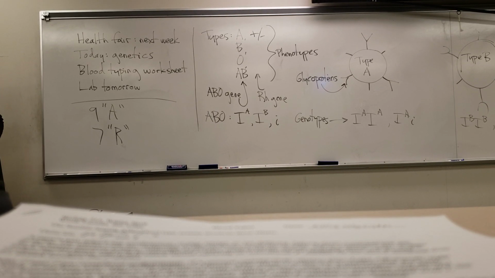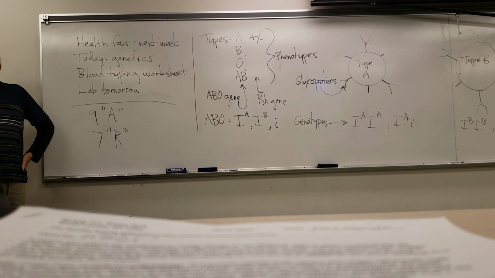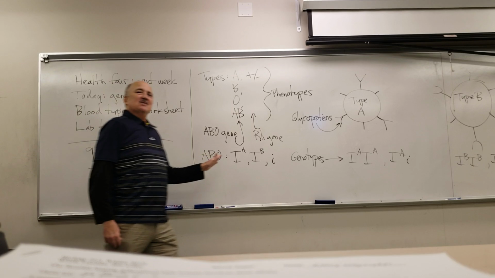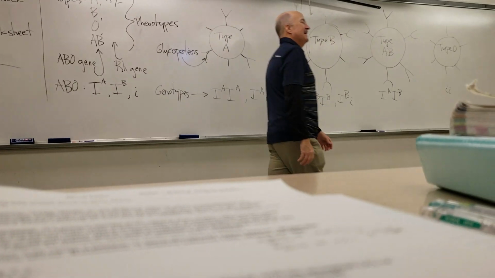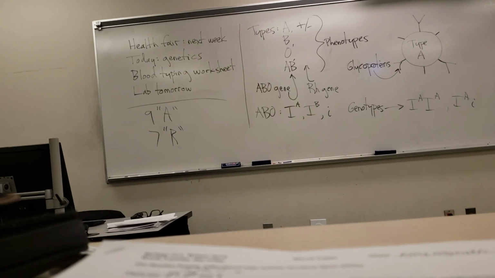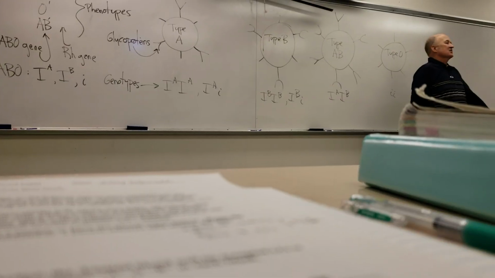Second page has to do with paternity issues. That's a question about who's the daddy. Now, ever since we've had the blood typing information available, we've been able to use it to try to help settle paternity cases.